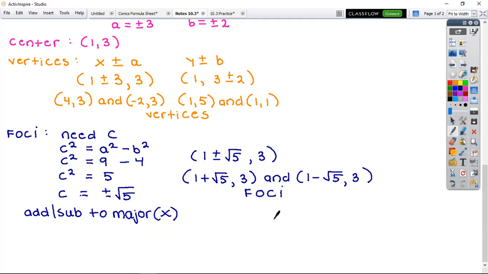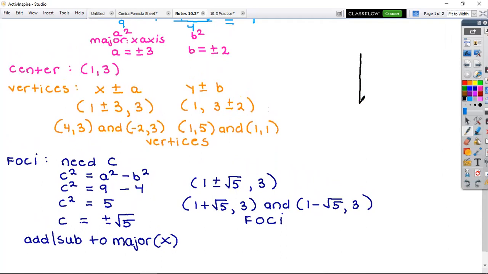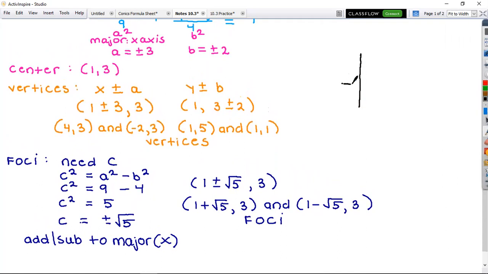All right, so here's a picture, just a sketch of what this looks like. So our center was located at 1, 3. Just a little picture. And this is it on this one. So for spacing, you don't need any more room. So here's my center.